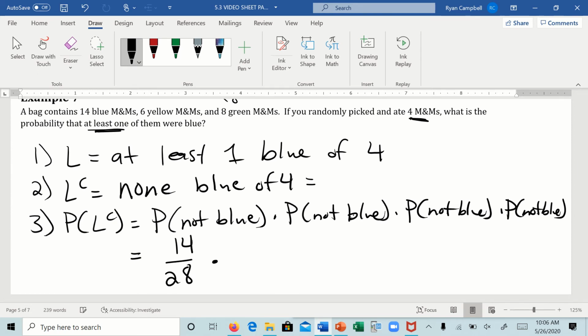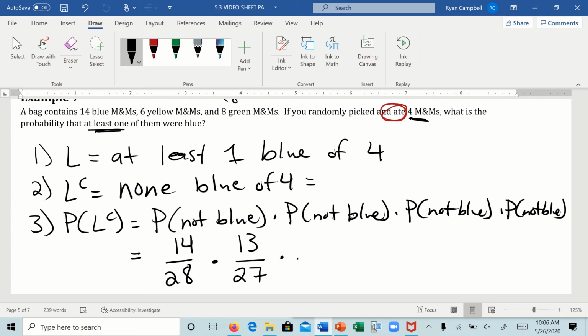All right. What about the second one? Well, notice we ate that M&M. Again, we don't know if we ate a yellow M&M or a green M&M, but we just know we didn't eat a blue one. So there's one less M&M because you ate it, but then there's one less M&M that's not blue, since it's either yellow or green that we ate. So there would only be 13 M&Ms that are not blue.